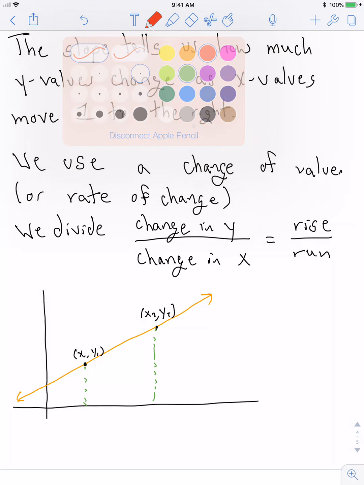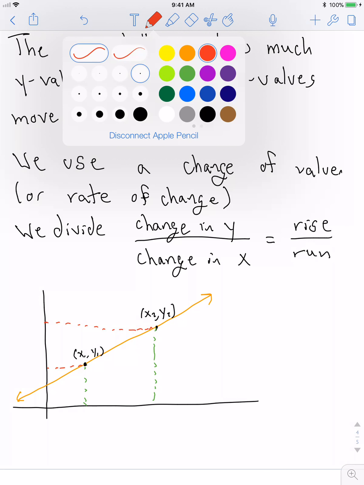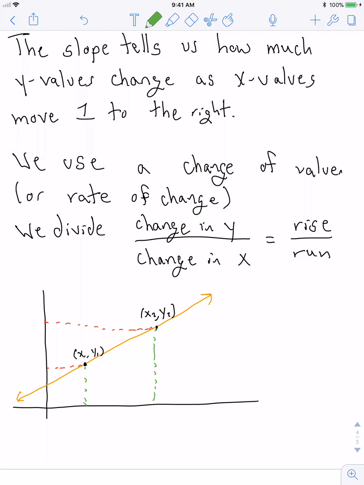So maybe we'll do the y change in red here to really make it stand out. And now we can see how we calculate this.